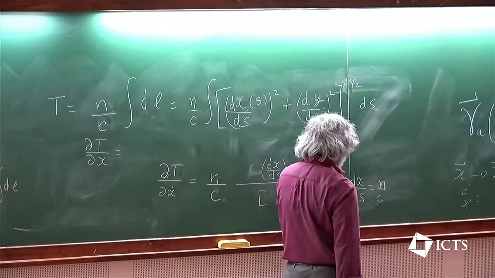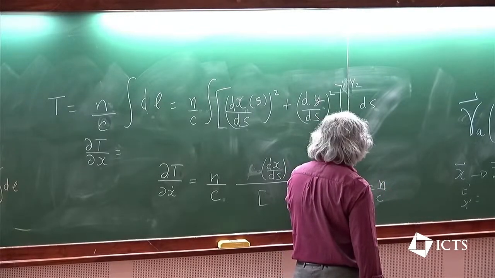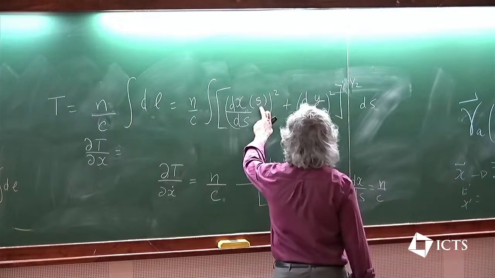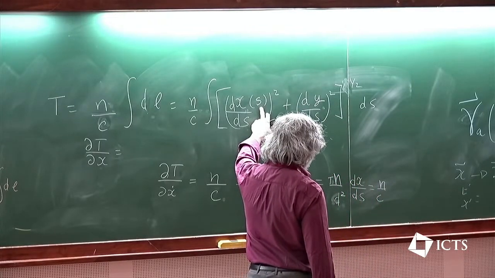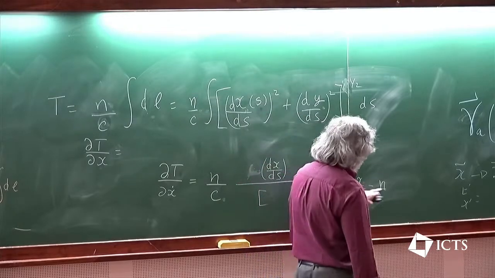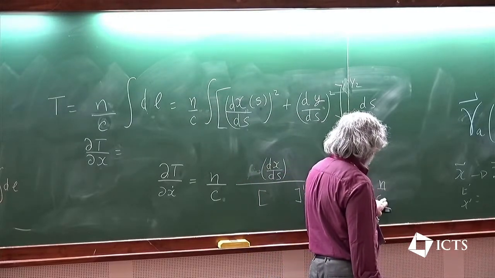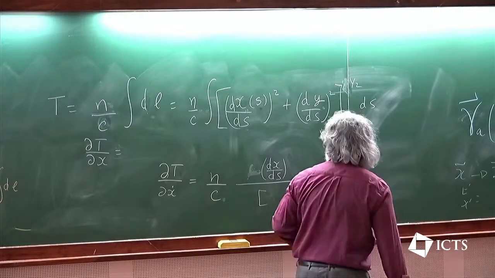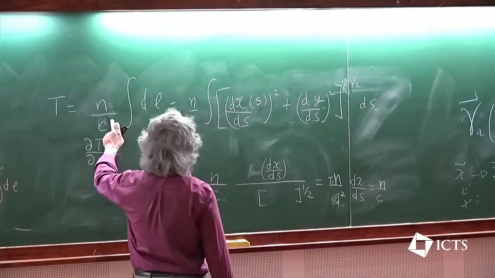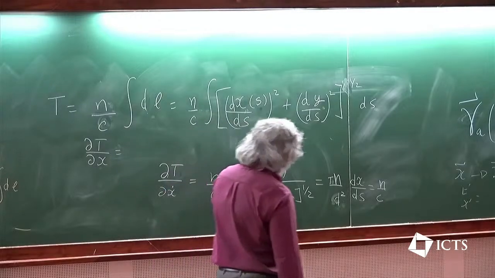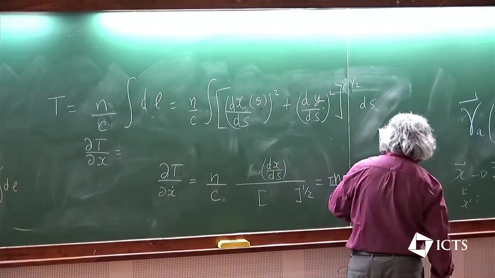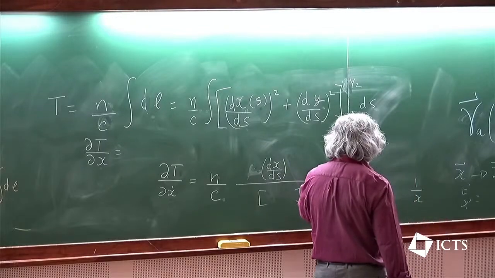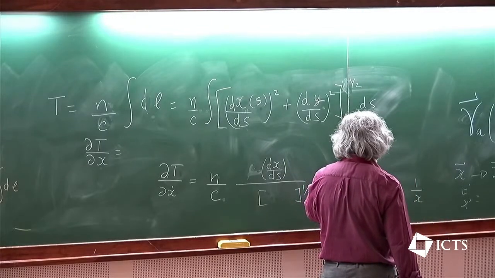Wait, I'm getting something wrong now. No, so I can take s to have the dimensions of distance, but that shouldn't change anything. I think the net dimension is going to work out to be 1 upon x, so it should be the dimension of wave vector. And I think that is true.